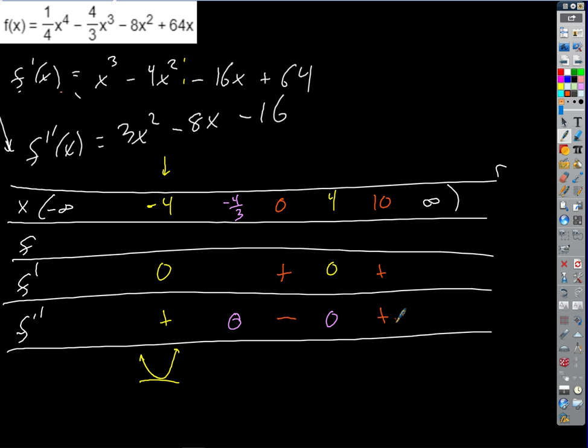If it hadn't been an inflection point, let's just say hypothetically that had been negative and negative there instead of a positive, right? Well, then what does that mean? If the concavity is negative at all values up to 4 and negative for all values after 4, and it's negative at 4, effectively that acts like a second derivative test, doesn't it?